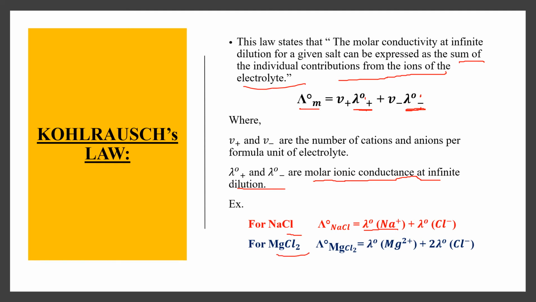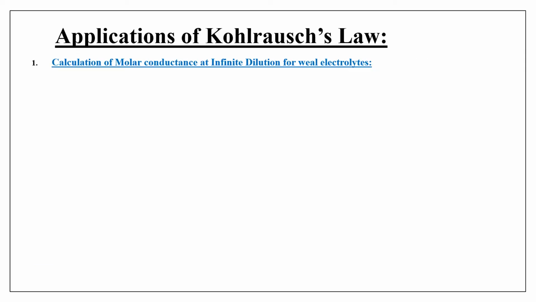Similarly for MgCl2, magnesium chloride, the molar conductivity is lambda naught Mg2 positive plus 2 times lambda naught Cl negative, since MgCl2, when dissociated in the solution, gives Mg2 positive ion plus 2 chloride ions. So here v minus is the number of anions per formula unit of electrolyte, that is 2 for chloride ion.